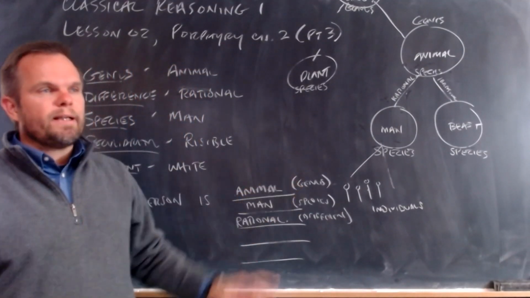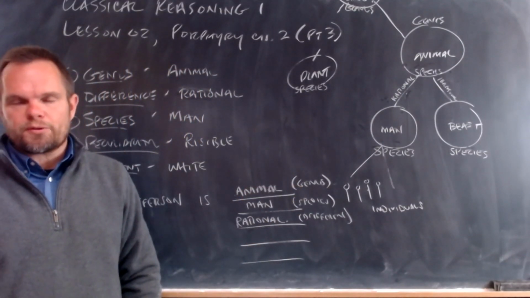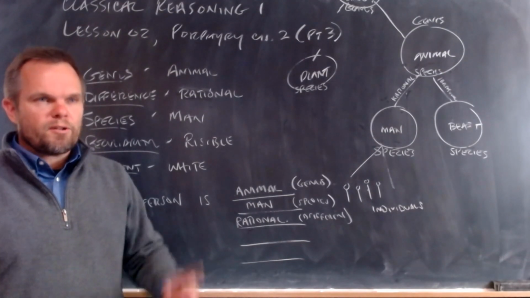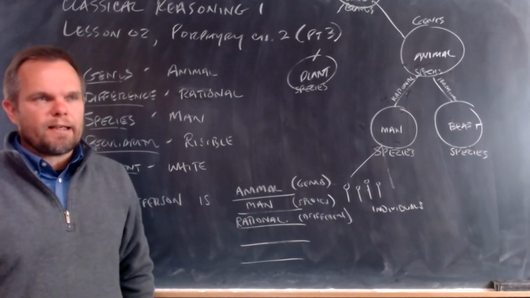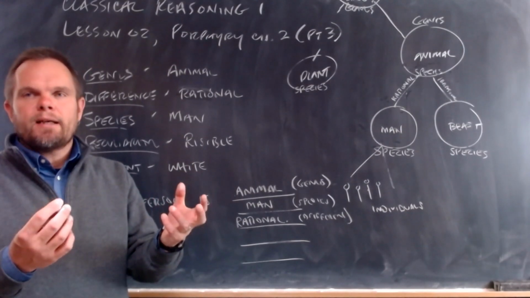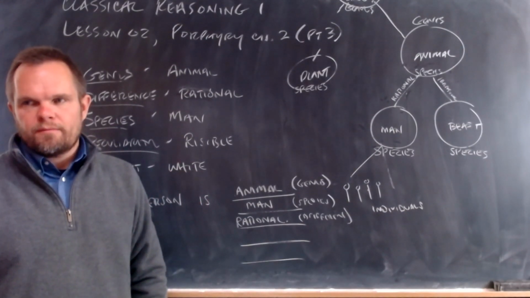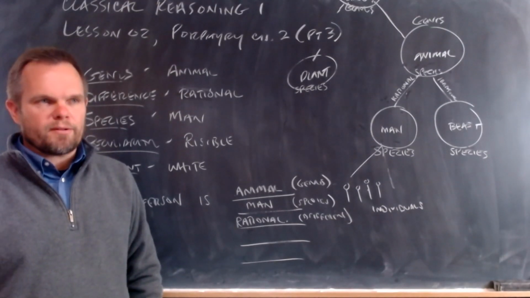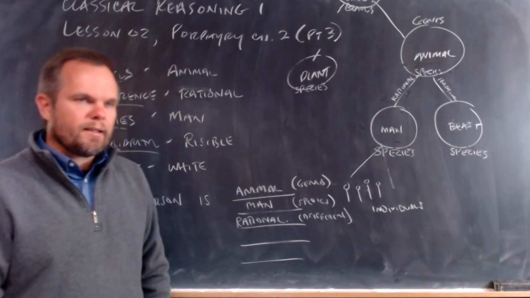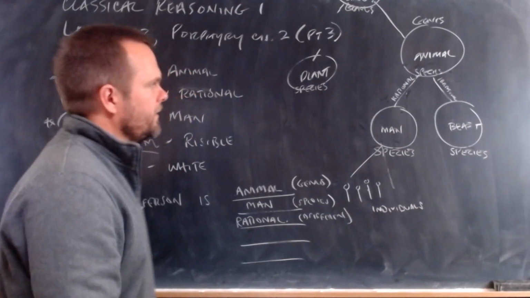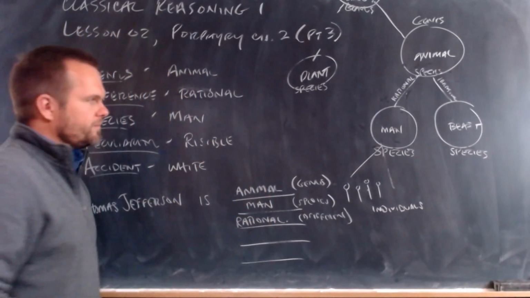There's lots of ways we could divide animals into groups. But there's only one way that we can divide animals into groups that actually identifies the real essence of those animals. And that's difference. And I'd like to show you something pretty cool that you can do with a difference.